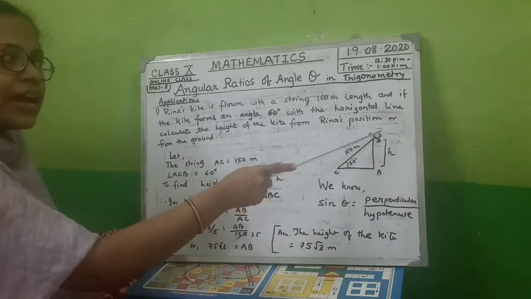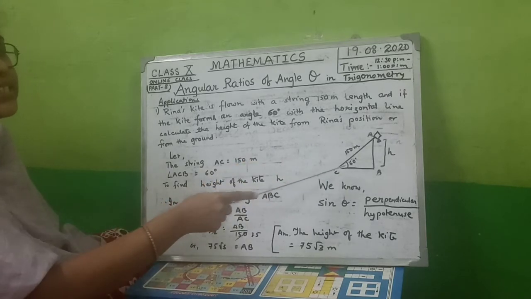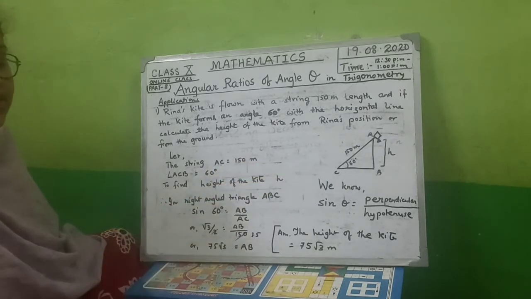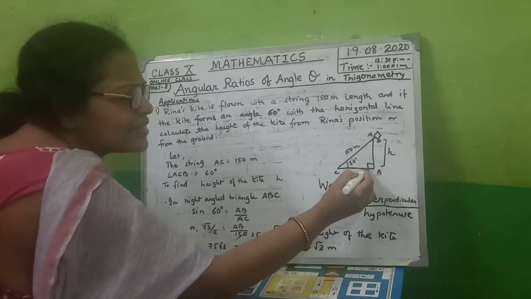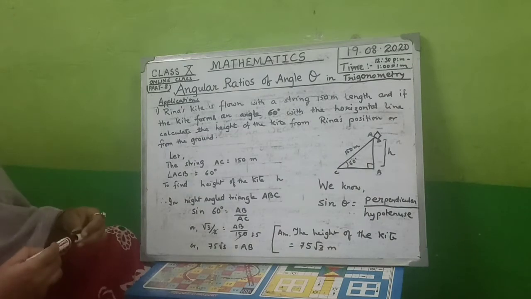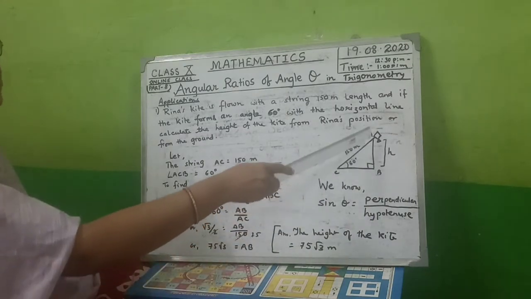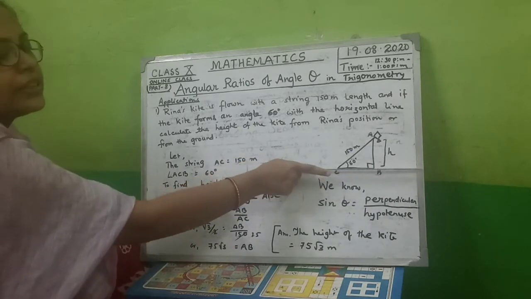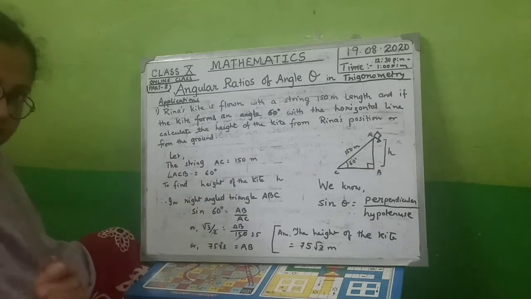So we have to calculate what? The height. So you can see that a right angle triangle is formed, because the height is always the perpendicular distance. Clear, children?